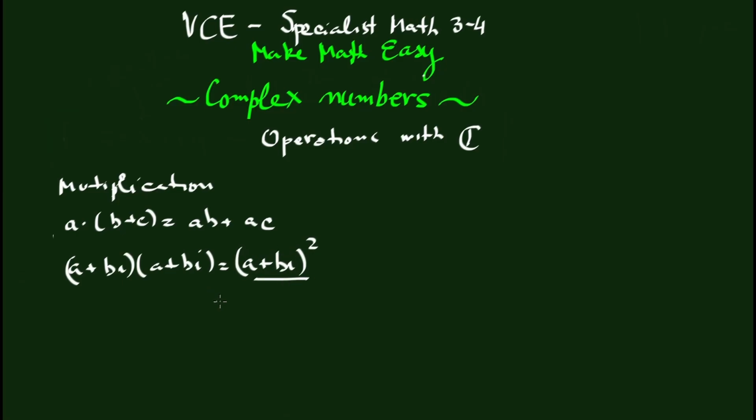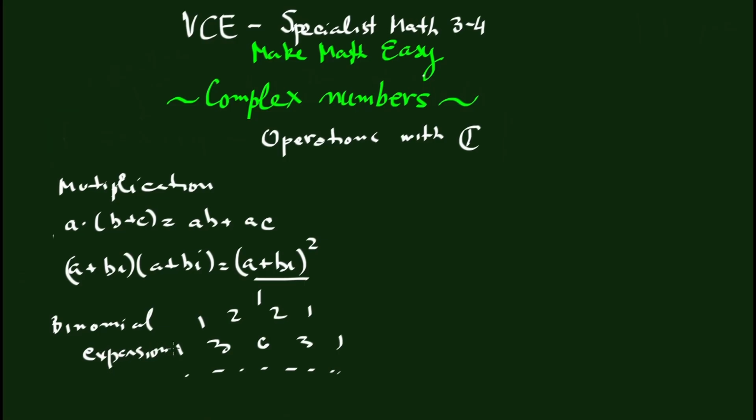So this is the binomial distribution: 1, 2, 1; 1, 3, 3, 1, and so on. So it's binomial expansion. So that's for the multiplication.